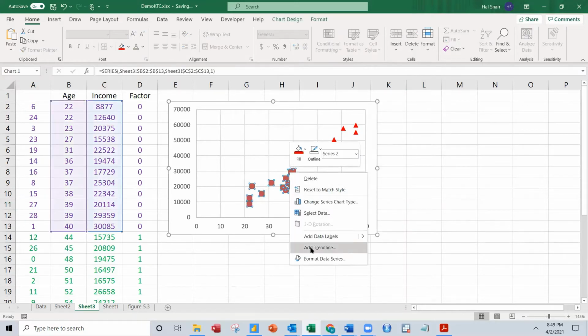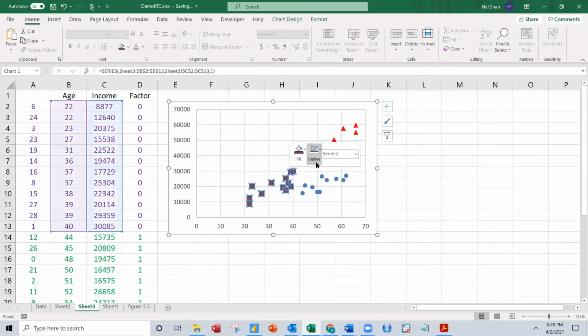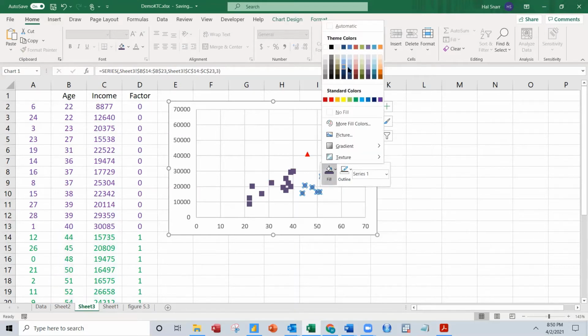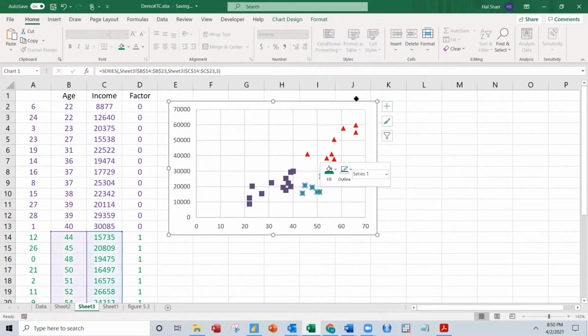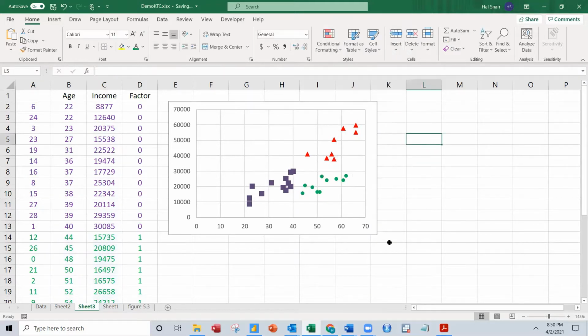Then we're going to change this to purple. Go Griffins, right? And then we're going to change this to green with no outline. And there's our graph, right?